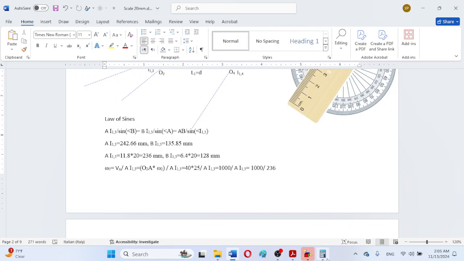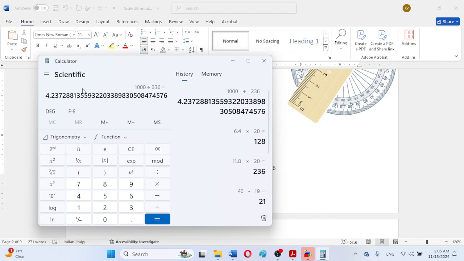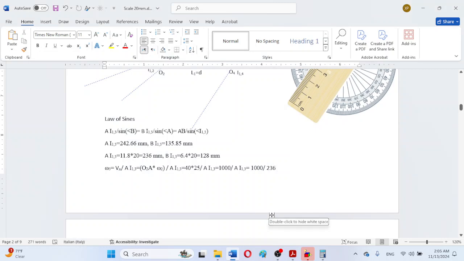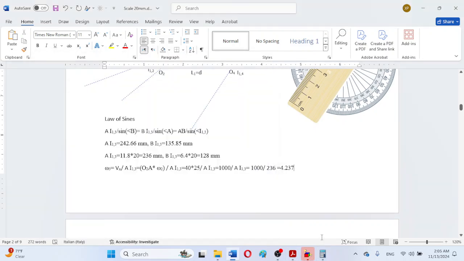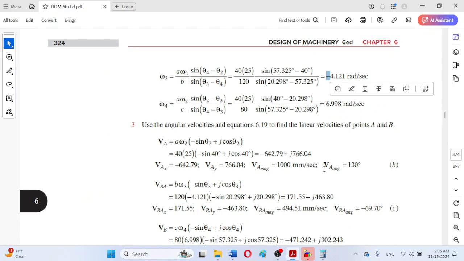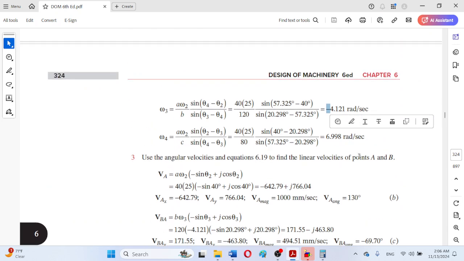As we can observe with the help of calculator, 1000 divided by 236 came out to be 4.237. So graphically the result is 4.237 radian per second. As we can observe here, the answer that the author has written is 4.121, so these are the analytical results.